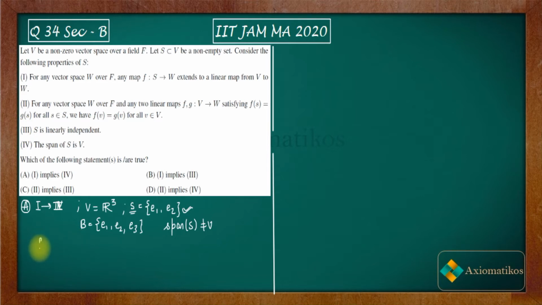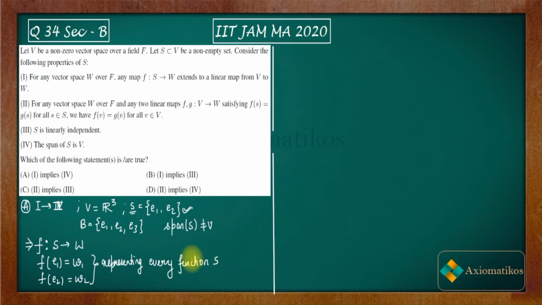So I am considering my function f as a function from S to W, and I am mapping e1 to w1, an arbitrary element of W, and e2 to w2, another arbitrary element. Now notice that this function f is actually representing every function that can be defined on S. Why?